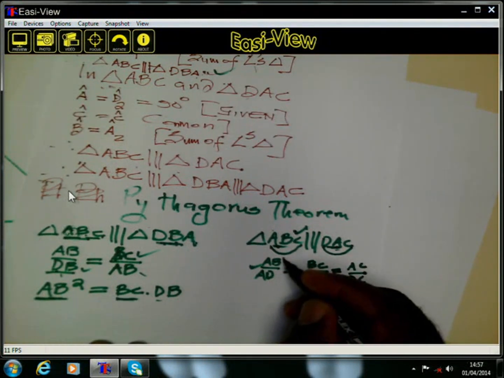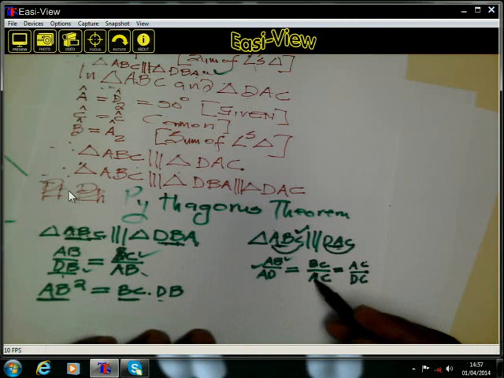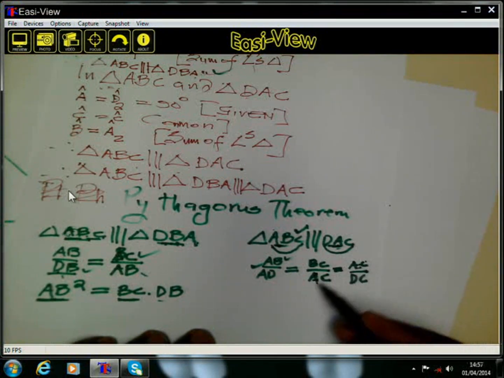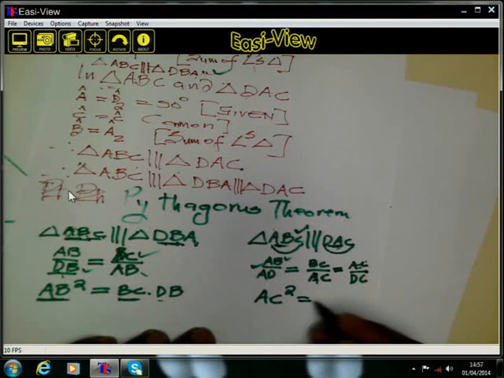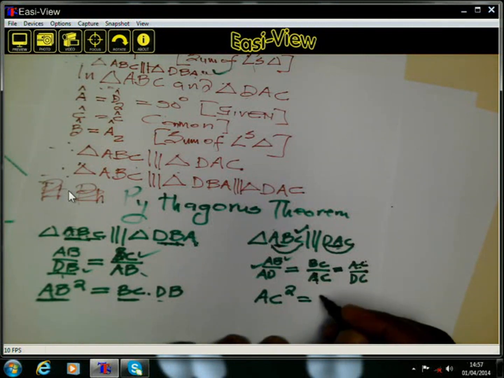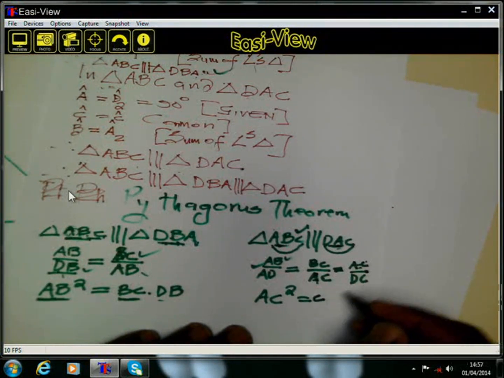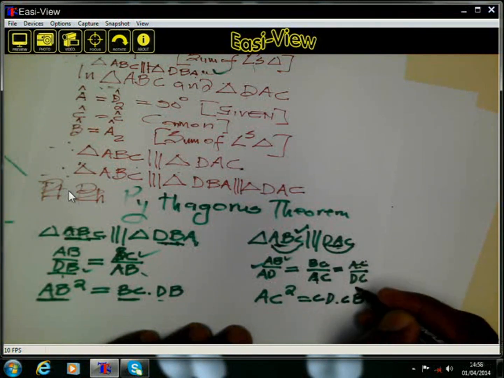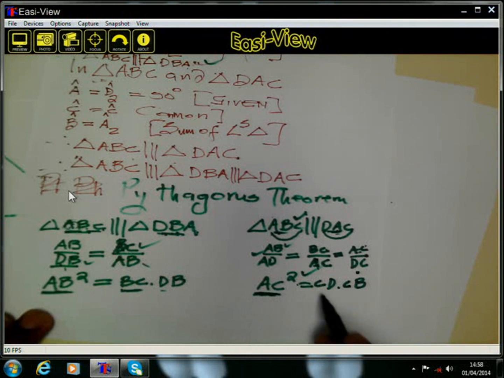Now remember I've already proved AB, so I can leave this one behind and concentrate on this one, because now this is going to give me AC squared, which is going to be equal to CD multiplied by CB. I mean this multiplied by that.